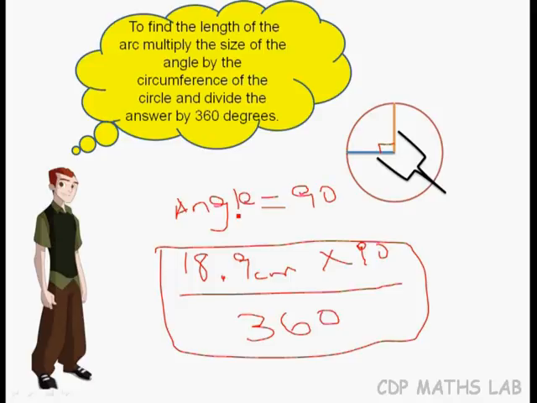Then after doing all of that, you're going to divide that answer by 360 degrees. Simple as that. Students, all you need to do is listen, look, and follow. So do that, and you'll get the answer. Clear? Ta-da!